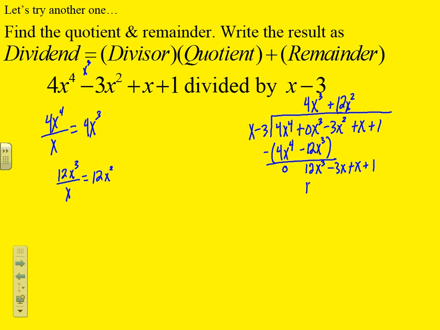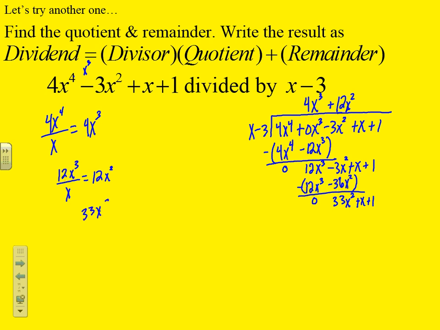So I get 12x cubed here minus, oops, I forgot my x squared there, minus 36x squared. Subtract the expression, so 12 minus 12 is 0. Negative 3 minus negative 36 is a positive 33x squared. And then bring down the x and the 1. And keep going.